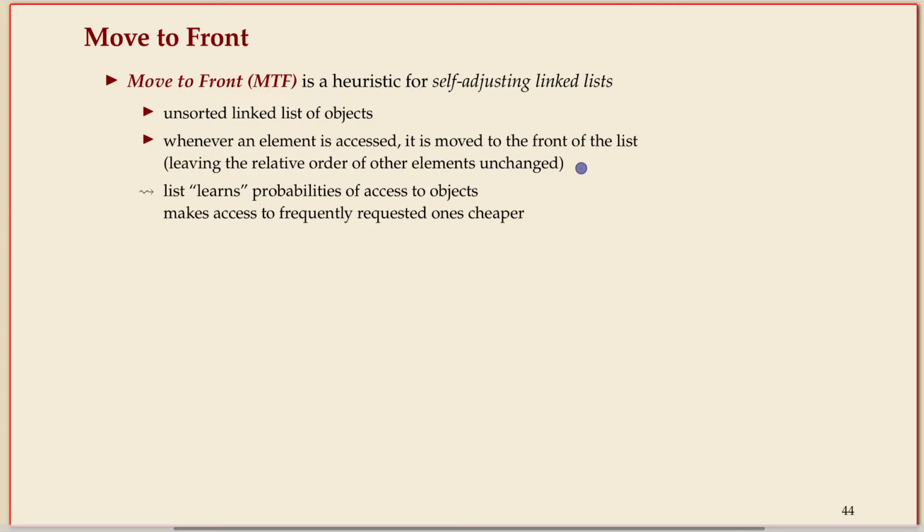And intuitively, it's something like a most recently used ordering. Right? The item you've just touched becomes the first. The next item is the one that you used before that, and so on. So over time, you ordered the list in this order of most recently used.